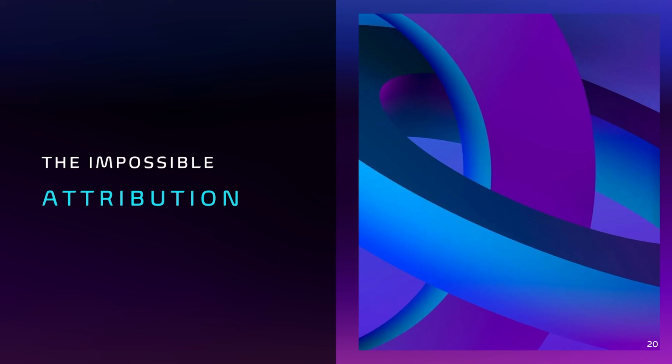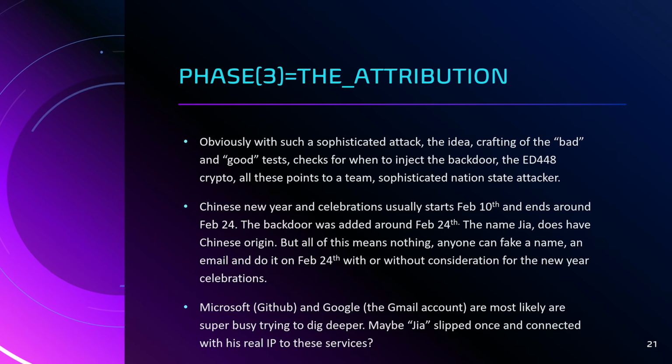Impossible, right? Attribution. I don't know. I don't think it is a possibility, but obviously, such a sophisticated attacker, the idea, right? We're gonna create an account, we're gonna go after XZ, and XZ gets in the libLZMA, LZMA gets into SSH, we put it in, we hook this function, we do this, you see? The idea, generating this idea, crafting this, and saying, we're gonna put the backdoor in the bad and the good test files, it's gonna be binary, and then we're gonna hide the final stage of the payload where we decrypt those hidden obfuscated stuff.